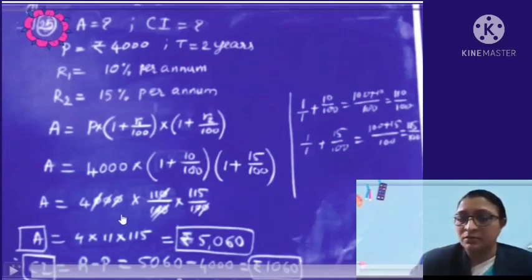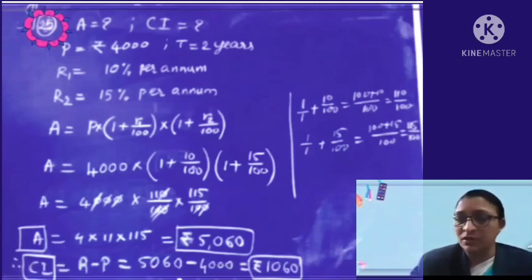By writing both values here, we get amount is equal to 4,000 into 110 upon 100 into 115 upon 100. By cancelling all the zeros, amount is equal to 4 into 11 into 115, equal to rupees 5,060. And therefore, compound interest is equal to amount minus principal, equal to 5,060 minus 4,000, equal to rupees 1,060. That is the compound interest.